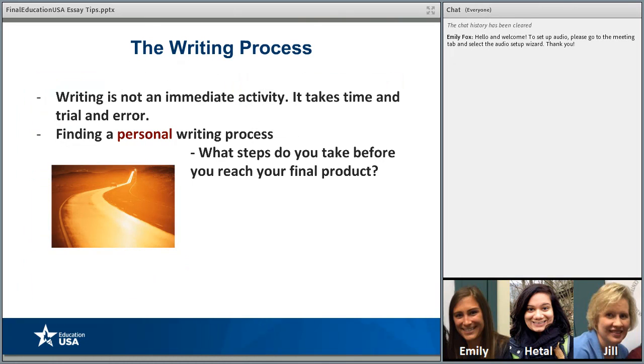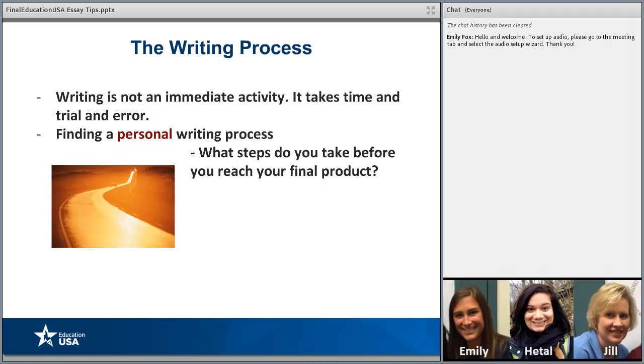Okay, so now we know what an essay is made up of. And so I just want to spend a few minutes talking about how to go about writing an essay. I think one of the most important things about college writing classes is sharing that writing is not an immediate activity. It's something that takes time. It's a process, right?